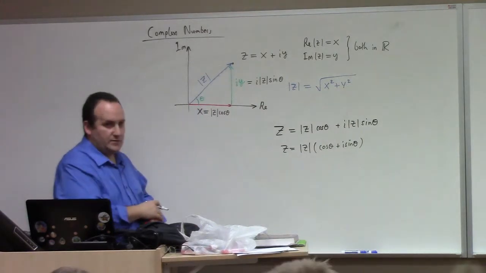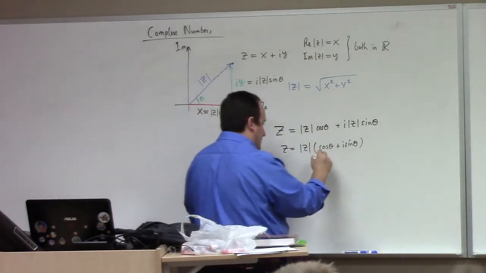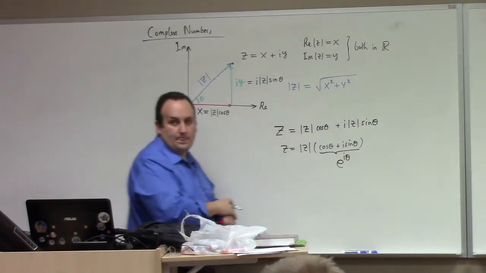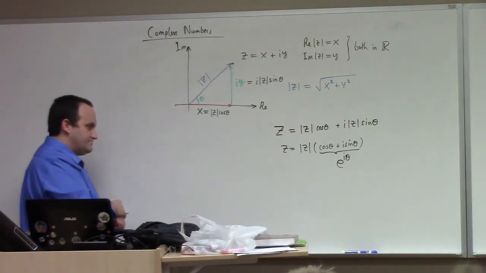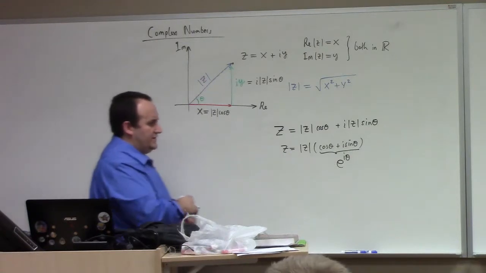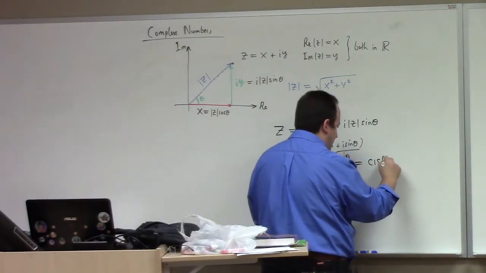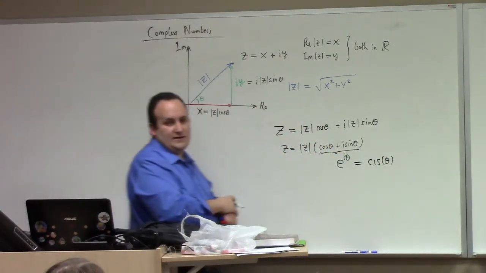And of course you might know we call this e to the i theta, right? This is e to the i theta. Although sometimes in certain books you'll read this as cis theta. Cis theta is e to the i theta.